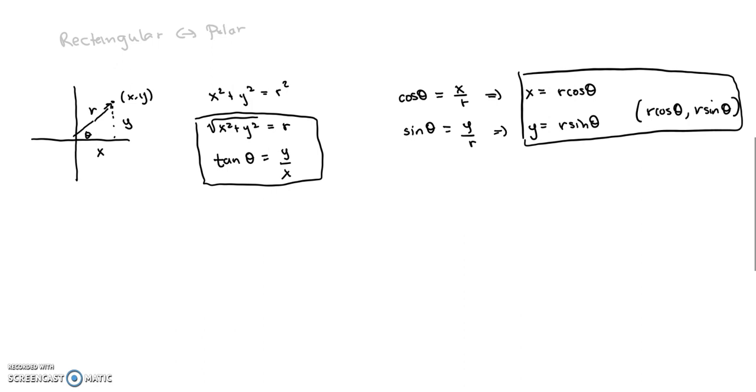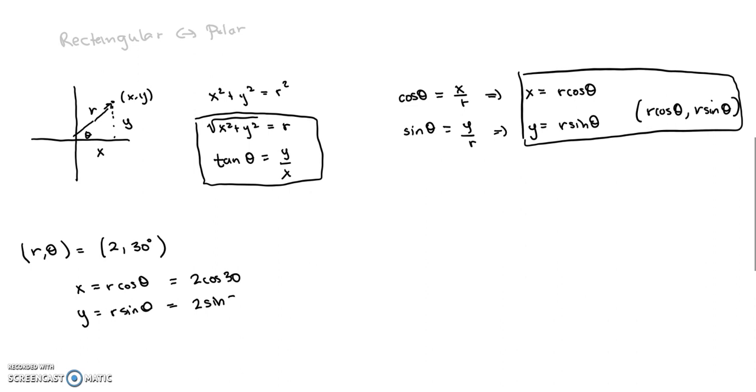All right, let's look at an example. Let's say we've got (2, 30°). There's our polar coordinate (r, theta), so r is 2 and theta is 30 degrees, and we want to find the rectangular coordinates. We know that x is equal to r cosine theta and y is equal to r sine theta, and all we have to do is plug these in. So we have 2 cosine 30 and 2 sine 30.